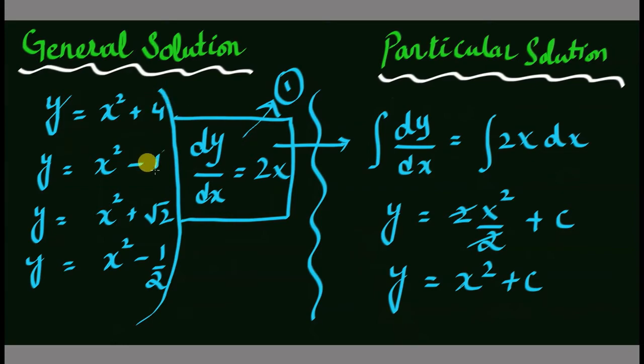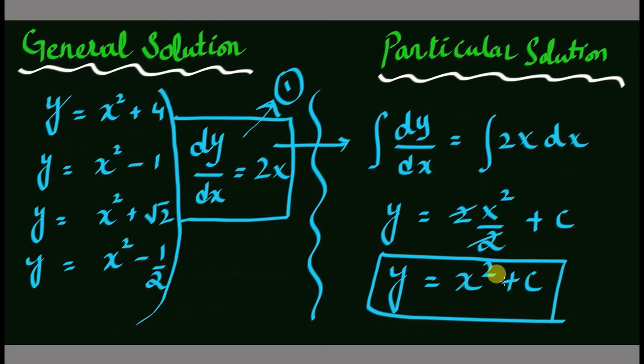It could be 4, it could be minus 1, it could be square root 2, it could be minus 1 by 2. Since we don't know what the number is, that's why we place c in the solution. This is the reason we call this solution a general solution of this particular differential equation.